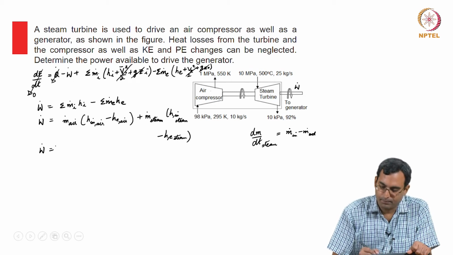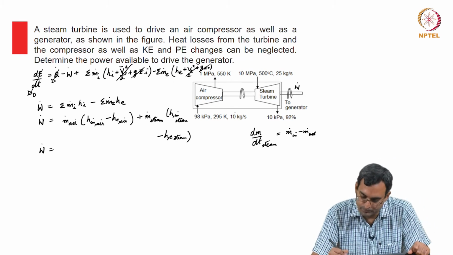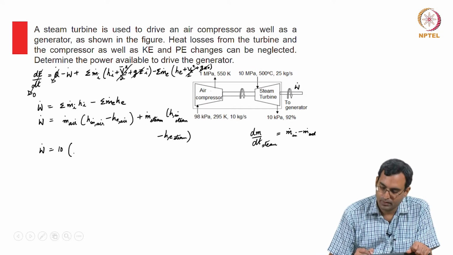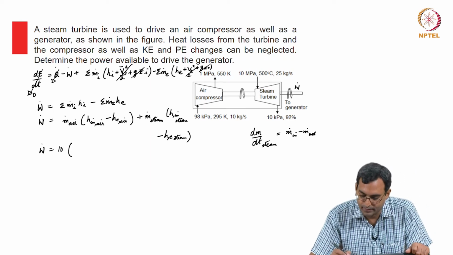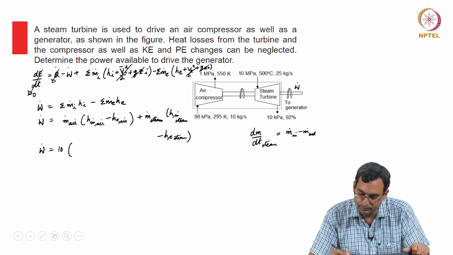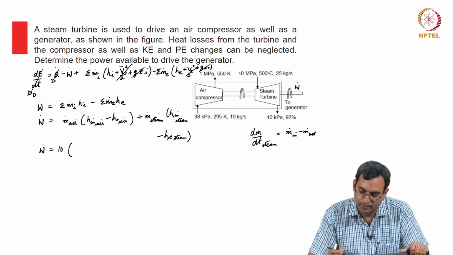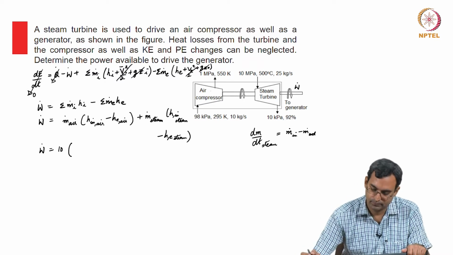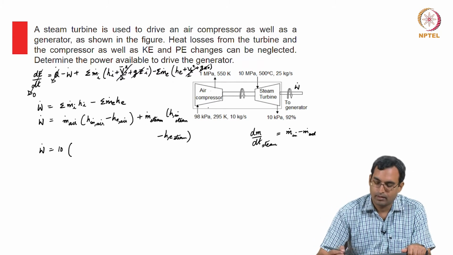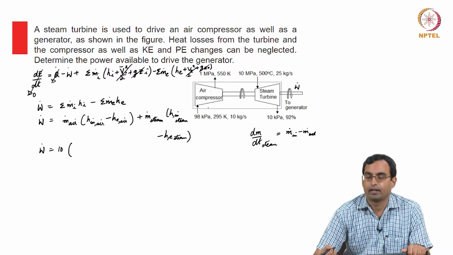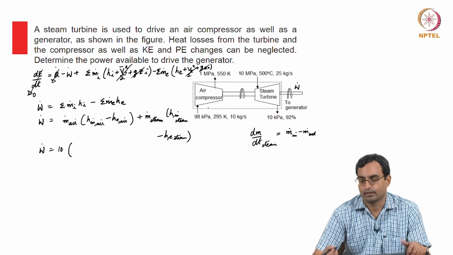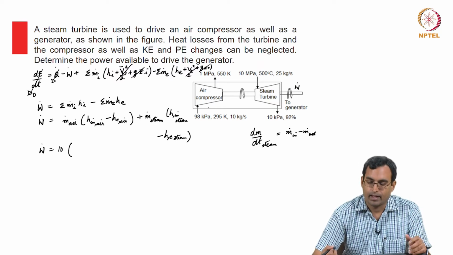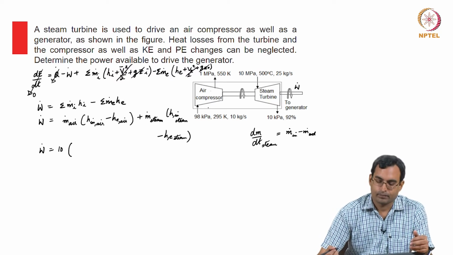So, I have m dot of air which is 10 kg per second into enthalpy of the air at the inlet minus enthalpy of air at the outlet. The enthalpy of air, I can take it as CpT because I am going to assume air is an ideal gas and I am going to assume that Cp is constant.